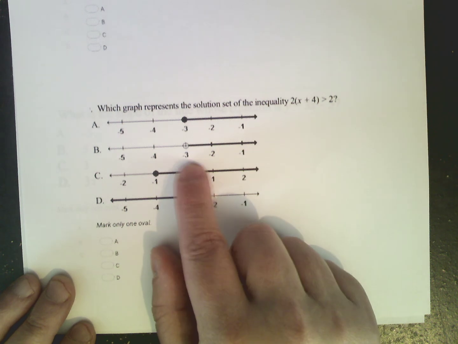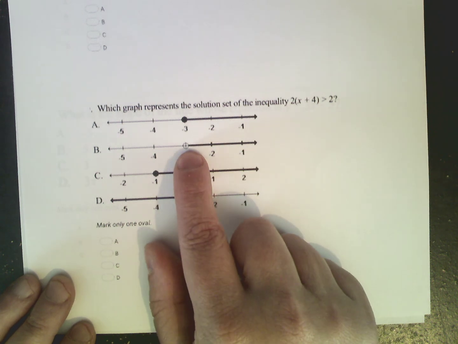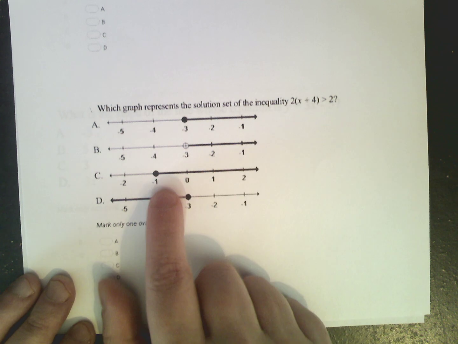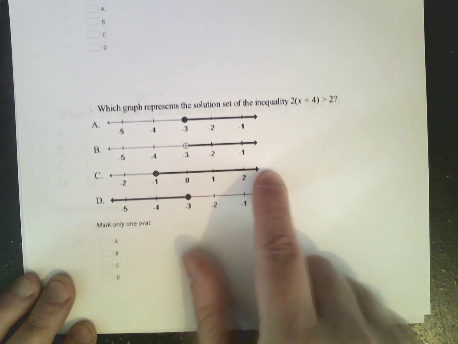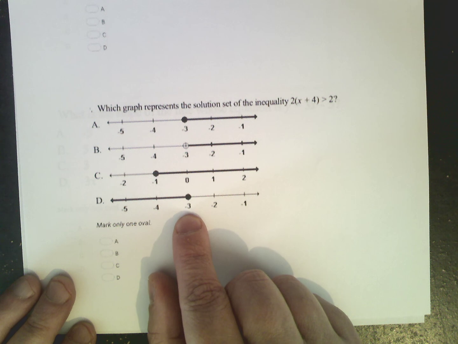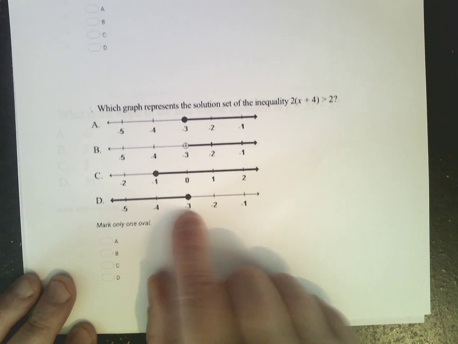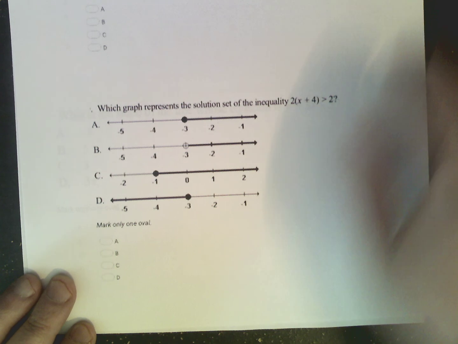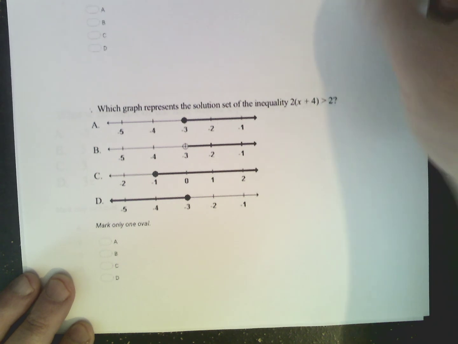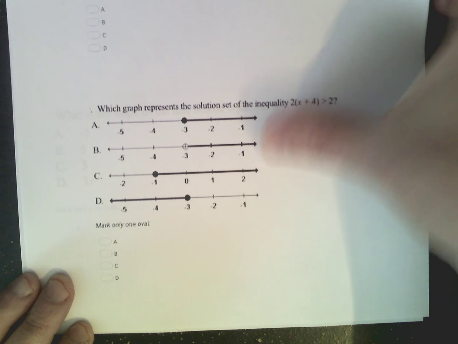Is it B, negative 3, there's an open circle and it goes to the right? C, negative 1 has a closed circle and it goes to the right? And D is a negative 3, closed circle, and goes to the left. Again, this is another one that needs to be solved before you can look at these.